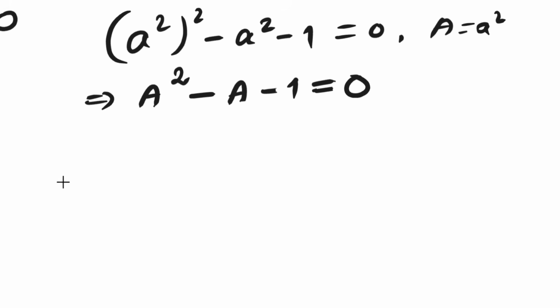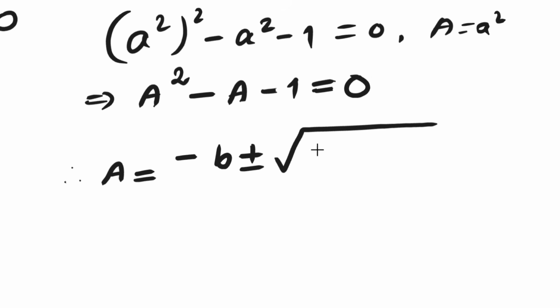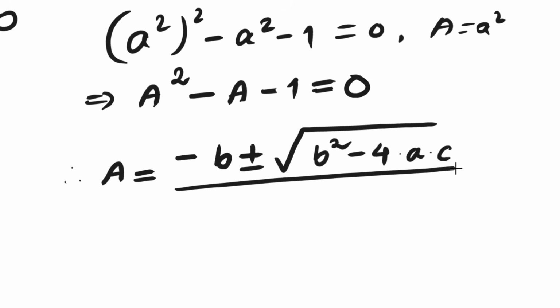The quadratic formula tells us that capital A equals minus b plus or minus the square root of b squared minus 4 multiplied by a multiplied by c, all divided by 2 multiplied by a.